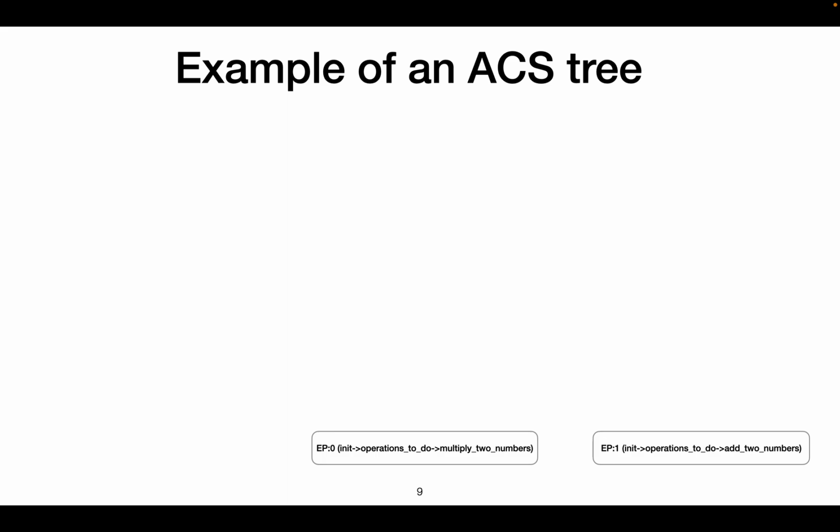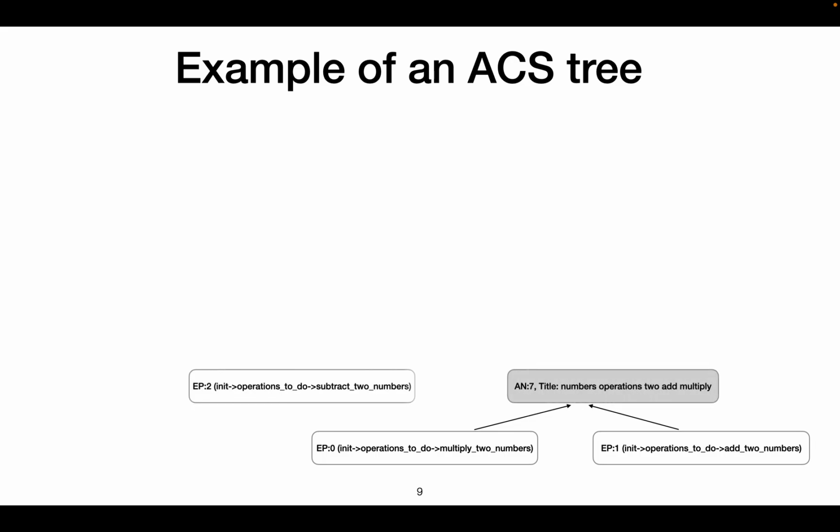We see they are initializing, deciding which operation to do, and they do the operation with two numbers. So we see it's doing multiplication and addition. In the abstraction node we see 5 keywords, we apply tf-idf on that. It says some keywords, and we see the keywords add, multiply, and to. So we see the 5 keywords kind of summarize the execution paths.